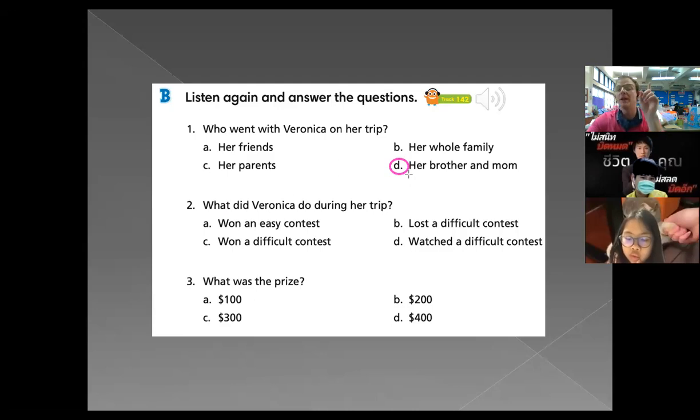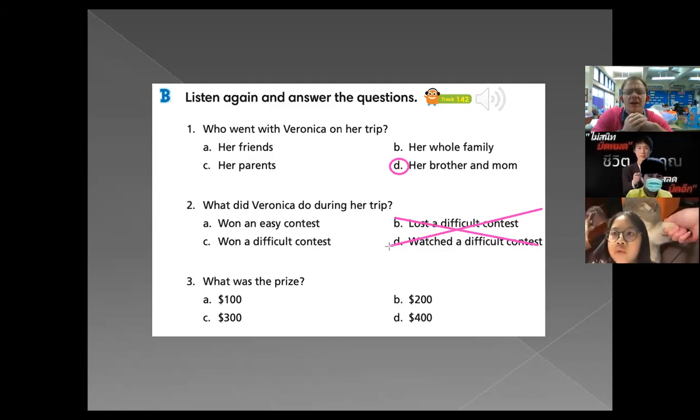Win. They win. Okay, so if they win, it can only be A or C. So which one is it? Did they win an easy contest or a difficult contest? Difficult. A difficult contest. Excellent. Yes, wonderful. They won a difficult contest.